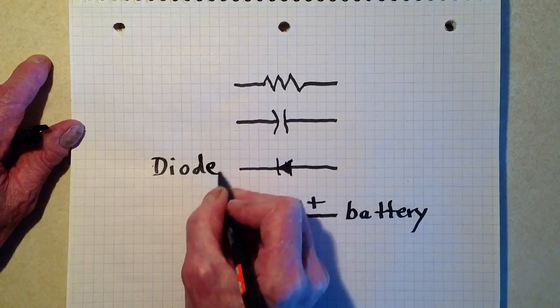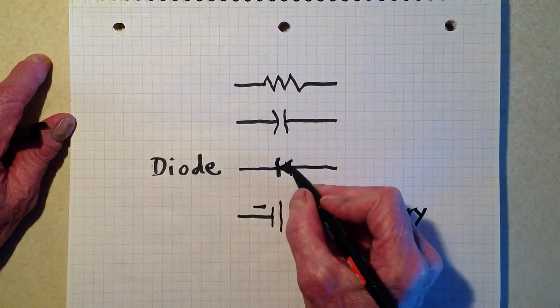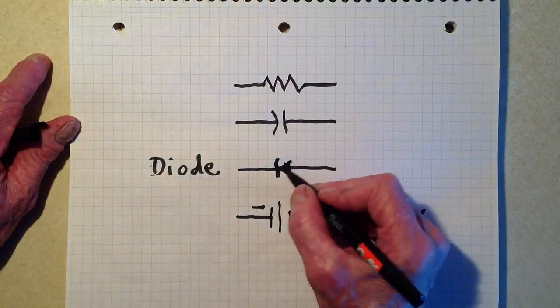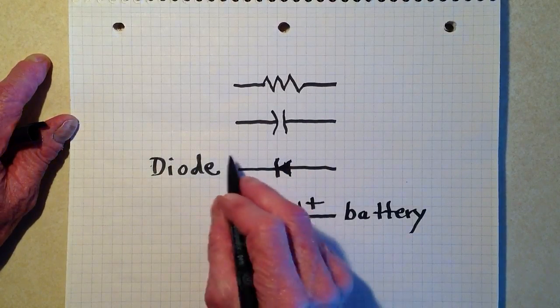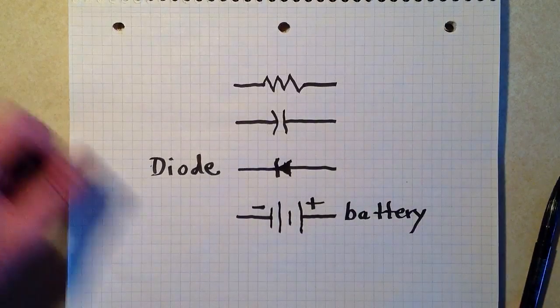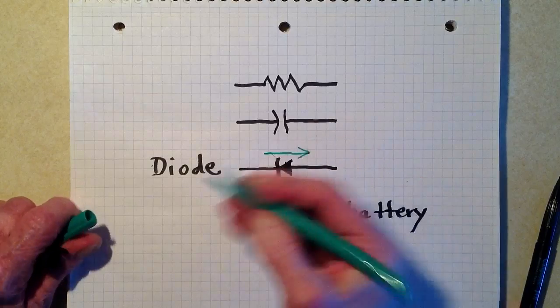a diode. The cathode is that line, the anode is that arrow. Electrons flow through a semiconductor diode against the arrow. This is electron flow now.